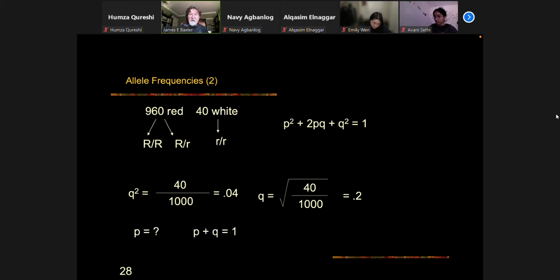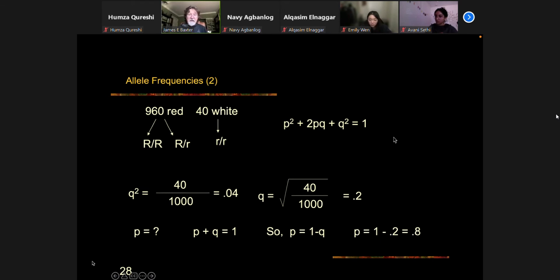Well, we go back to our original non-binomial equation. P plus Q has to equal 1. We have already figured out that Q is equal to 0.2, and therefore P has to equal 1 minus Q. In this case, P is equal to 0.8. And therefore, we have figured out the allele frequencies.